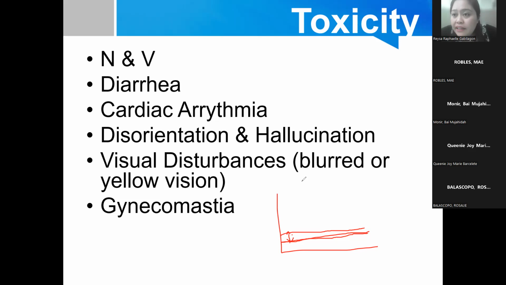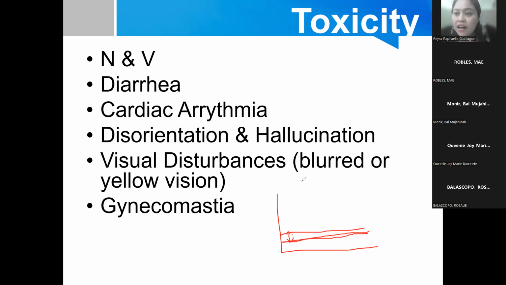I mentioned earlier that it is a drug for a certain type of arrhythmia, atrial fibrillation. But if the patient gets overdosed and develops a toxic effect, cardiac arrhythmia is the life-threatening, fatal toxic effect of digoxin. Now, aside from that, the brain may also be affected. So the patient may also experience disorientation and hallucination.